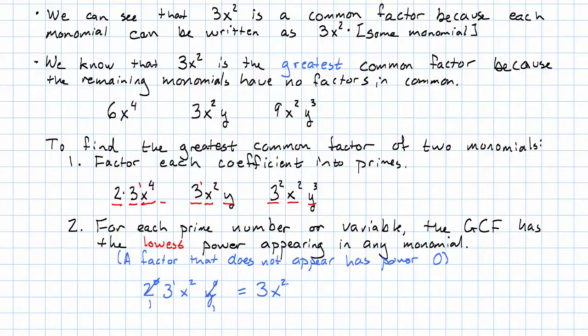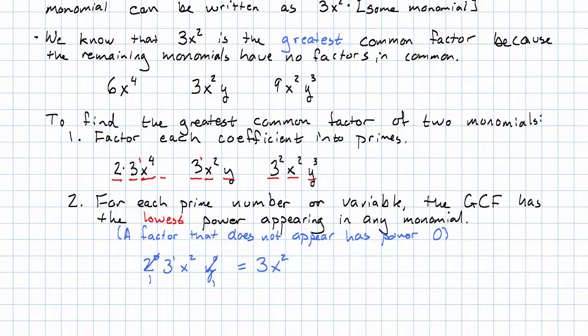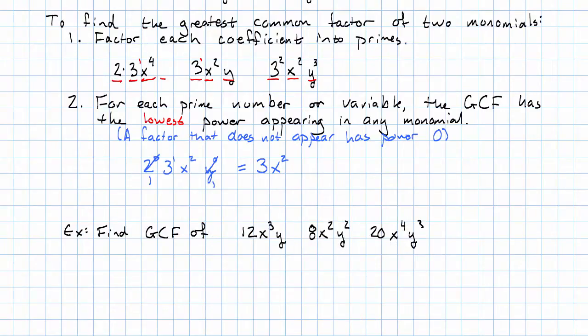Let's see another example. Suppose we want to find the greatest common factor of these 3 monomials: 12x cubed y, 8x squared y squared, and 20x to the fourth y to the third.